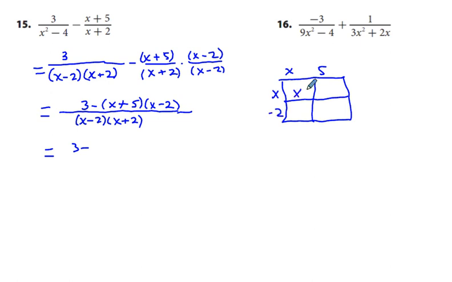We have x squared, 5x, negative 2x, and then negative 2 times 5 is negative 10. So we're going to have minus, put all this in parentheses here. We have x squared, and then we have 5x minus 2x, which is going to be plus 3x.